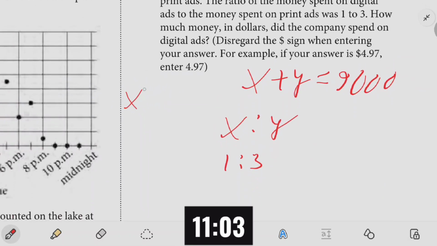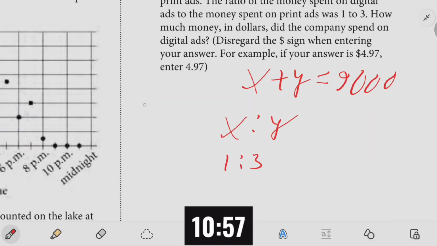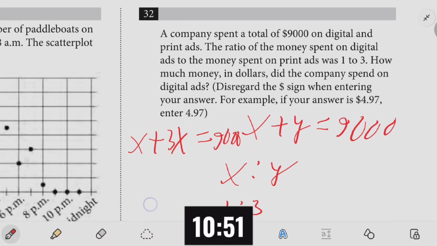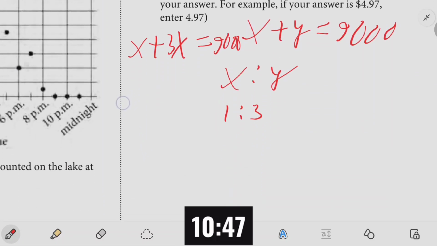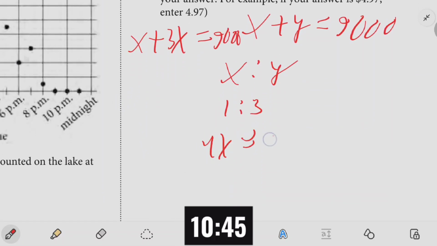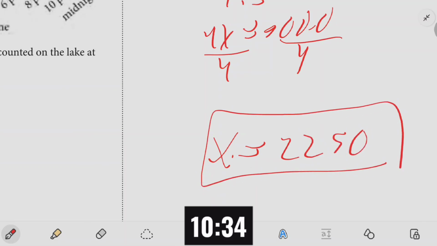So x plus 3y. Okay, x plus 3x. Whatever spent on that, they spent 3 times as much. Okay, so 4x equals, divided by 4, x equals 2250.